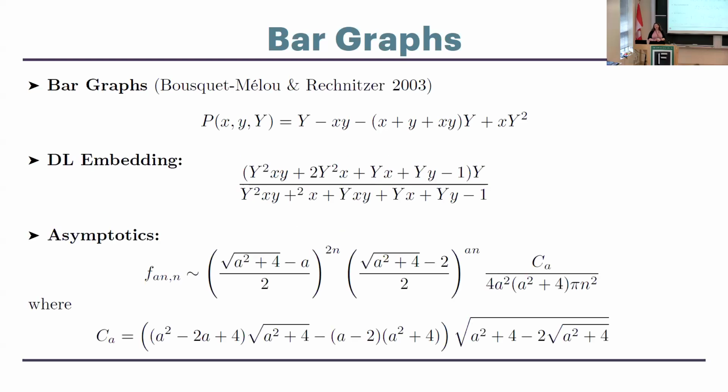And then thanks to this embedding, we can get asymptotics relatively directly, since it's a relatively nice embedding. I do want to mention, as I said before, sometimes the embeddings are really nice, sometimes they're not so nice. And one of the things that we want to keep working on is figuring out how to make these embeddings nicer, right? Is there pre-processing we can do in order to make these embeddings nicer? We haven't yet found how to do that.